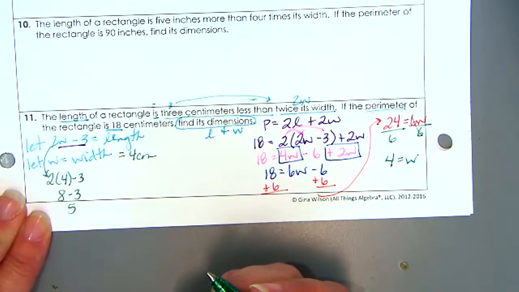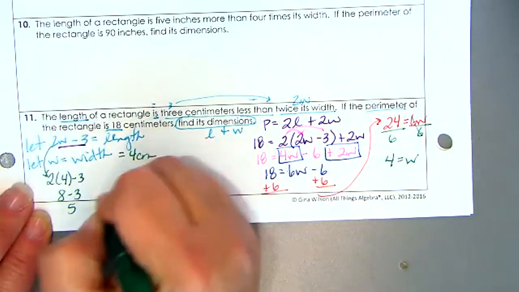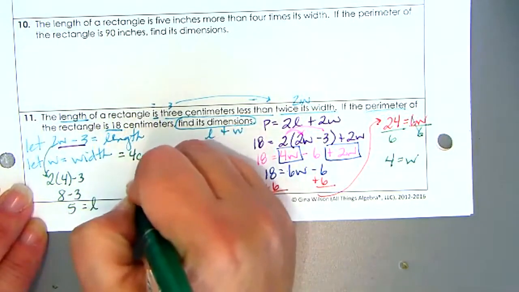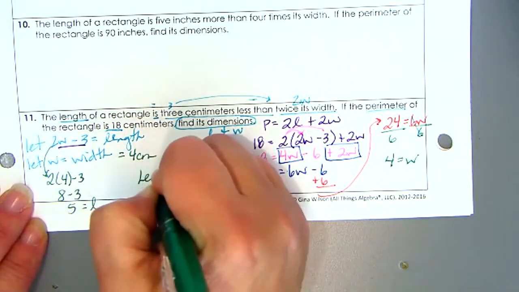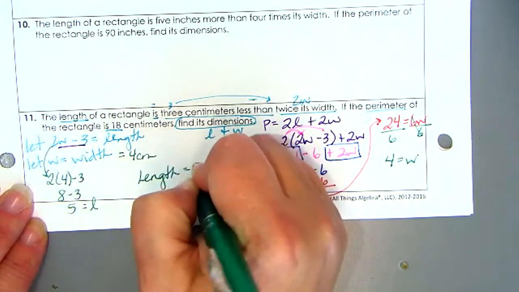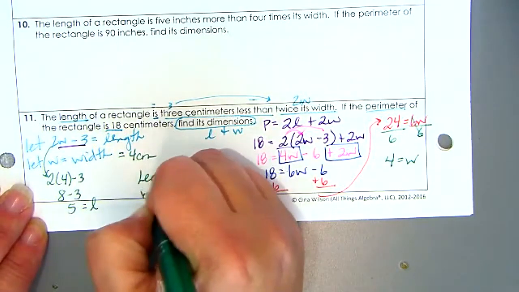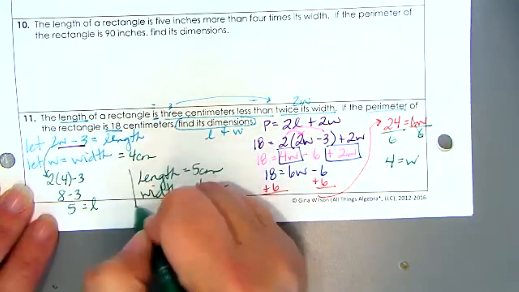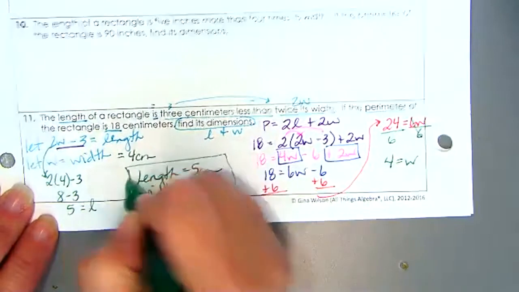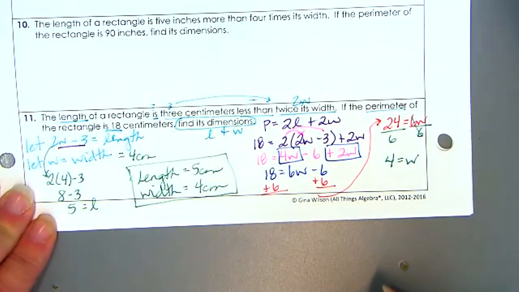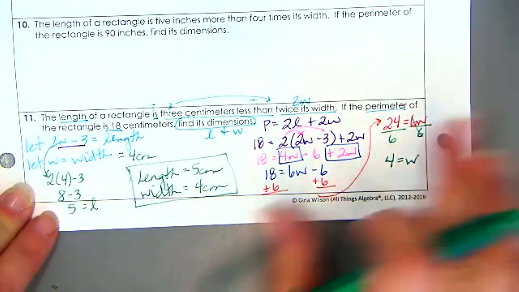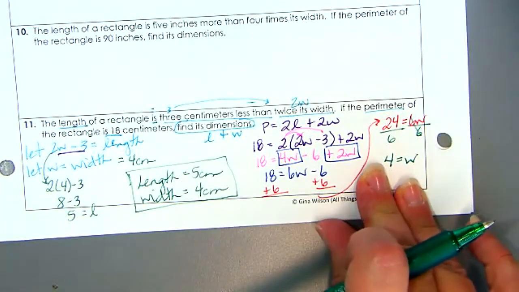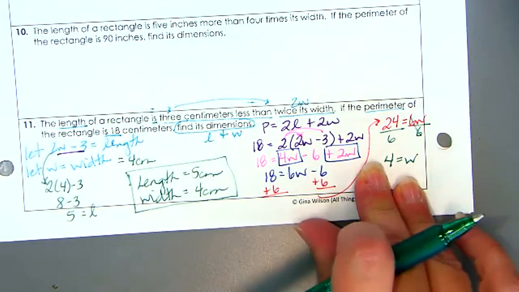So I end up with the length is 5 centimeters. The width is 4 centimeters. This is that answer. And the rest of them are all very similar. You're plugging into that perimeter formula.